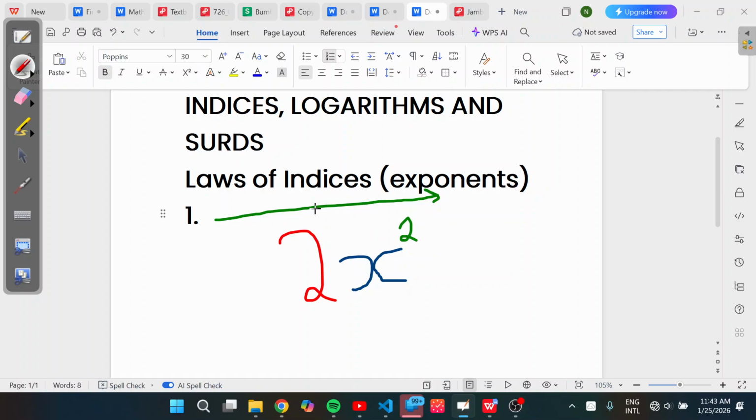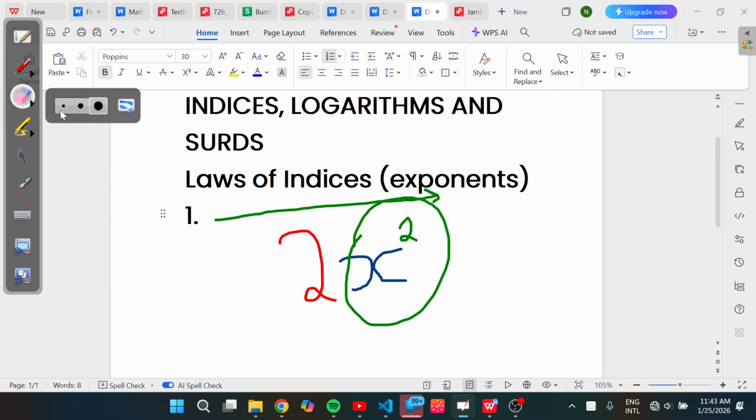It tells you how many of these x we have. So we have 2x squared. Let me try and use brackets to explain this.